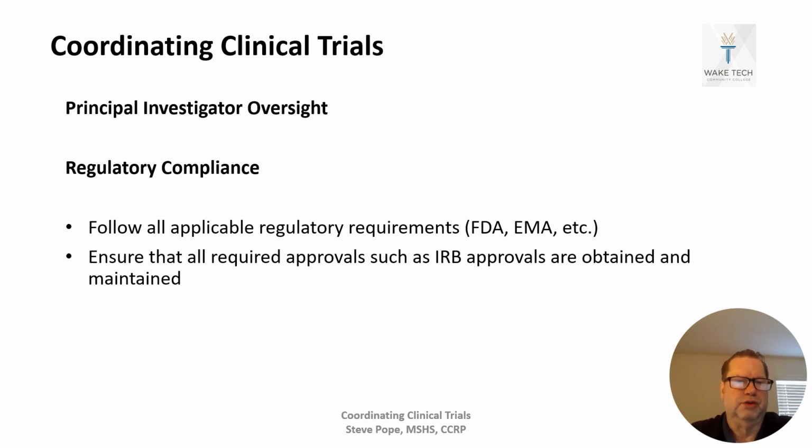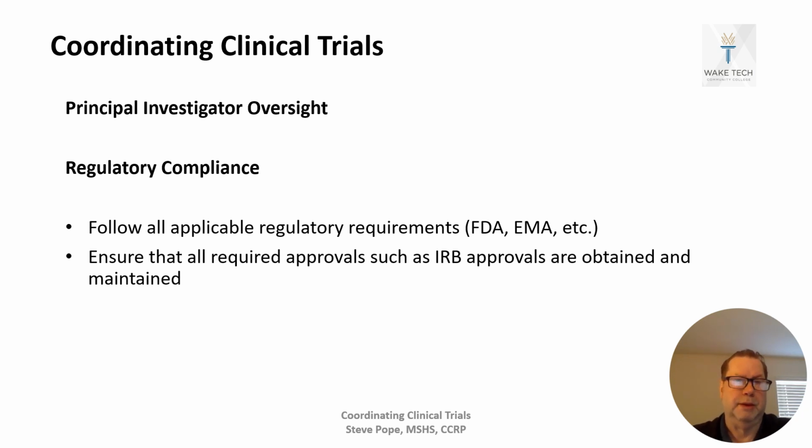You're also going to ensure that all required approvals, such as IRB approvals, are obtained and maintained. In some cases, you may be working at a site where they have some sort of biomedical monitoring committee that's in addition to their IRB, and you probably have to get their approval first before it gets submitted to the full IRB for approval by them.